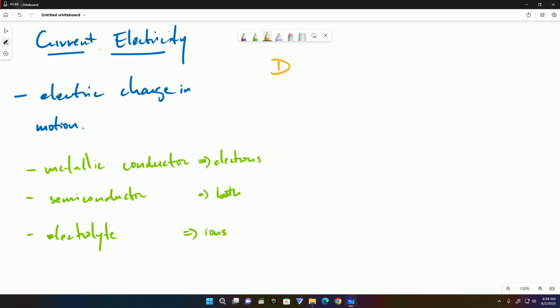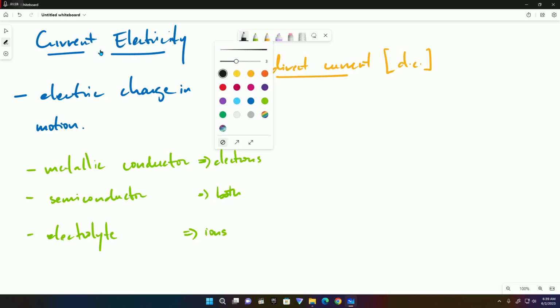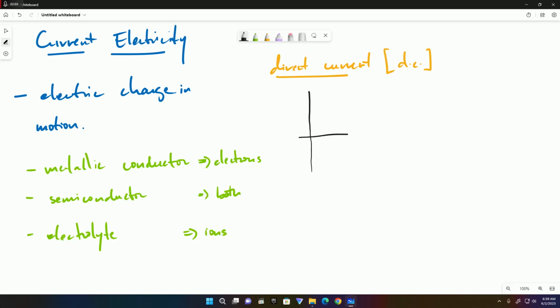Direct current. We call this D.C., DC. Now, DC is simple. It's uncomplicated. It is easy to remember. You see, direct current is current whose value does not change over time. One thing, all the time.